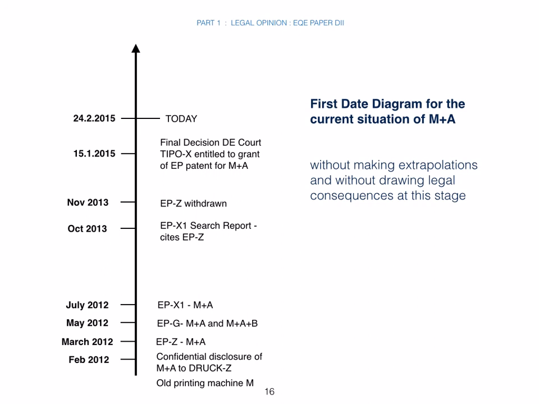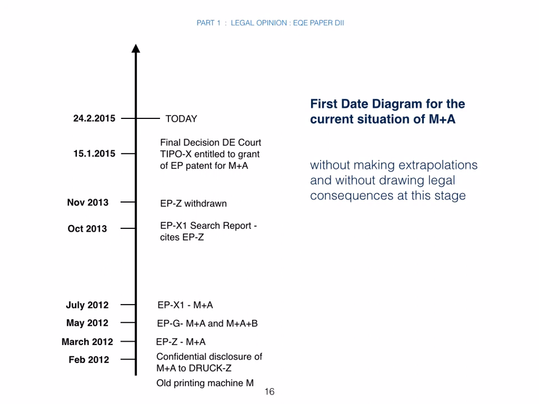EPZ was filed covering M plus A in March 2012. EPG was filed covering M plus A and M plus A plus B in May 2012. And EPX1, which is our client's application for M plus A, was filed in July 2012. So that puts the different applications into their time perspective.